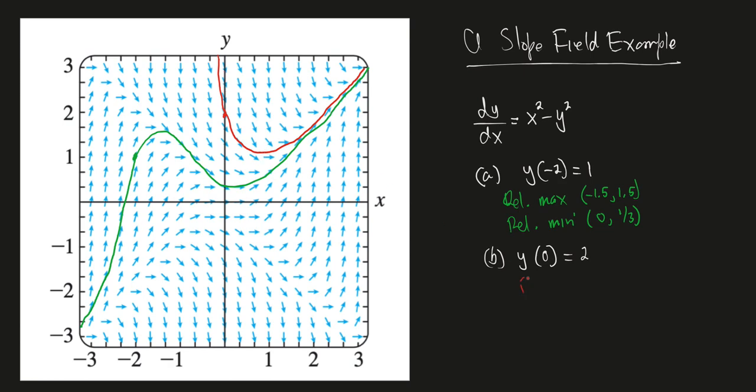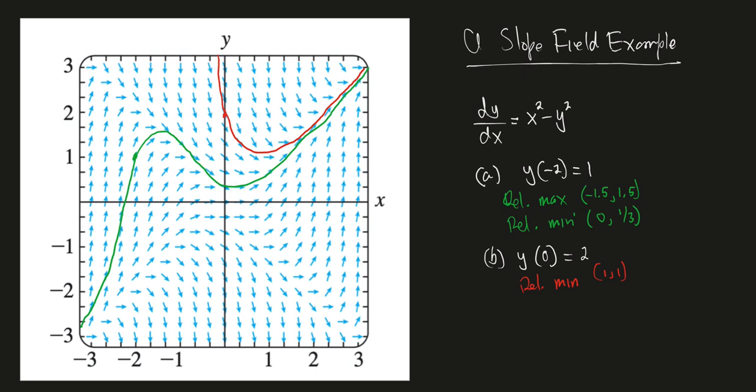So we could say it has a relative min roughly at x equals 1 and maybe y equals 1. Again, this is just a rough estimate. But again, quite easily we're able to sketch the solution of this differential equation that satisfies a particular point.